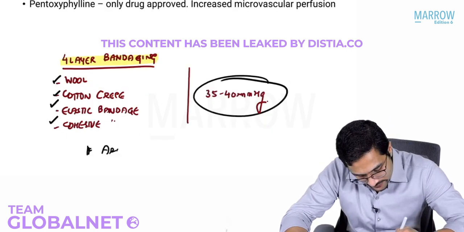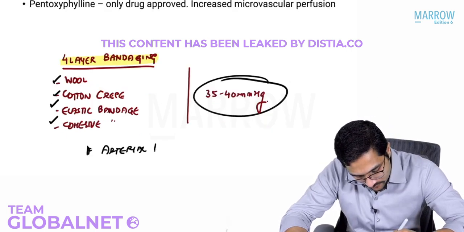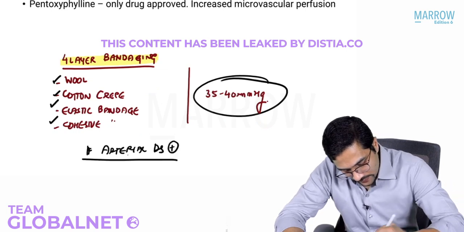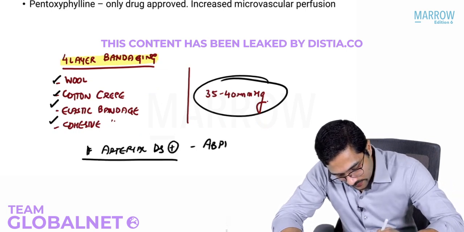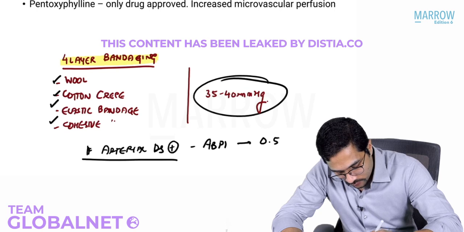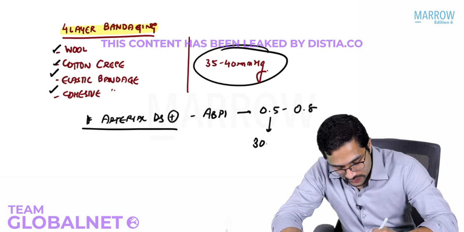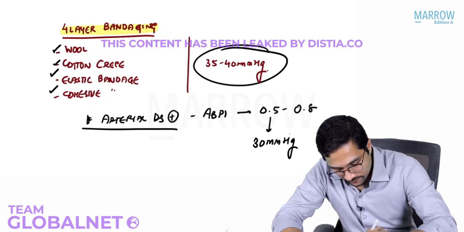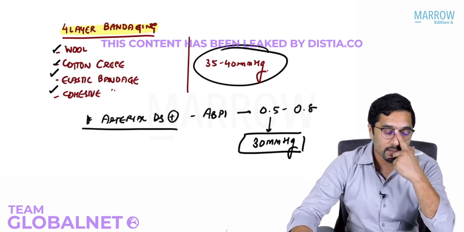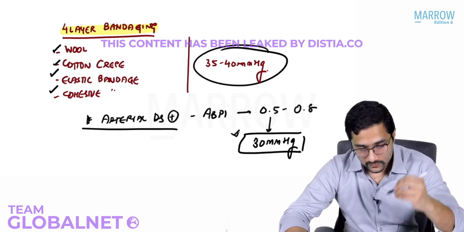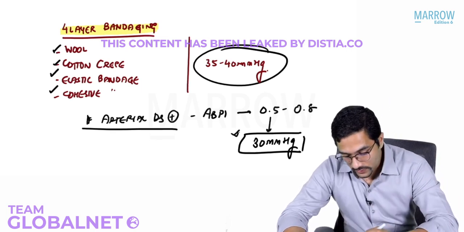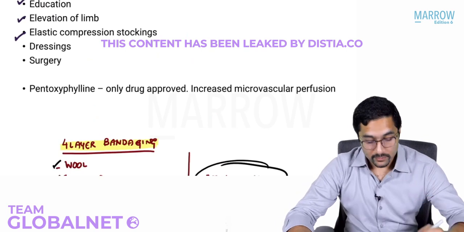If arterial disease is also present, and the ABPI, ankle brachial pressure index, is between 0.5 to 0.8, then we only give a pressure of 30 millimeters of mercury. So that is why we have to rule out arterial disease as well.